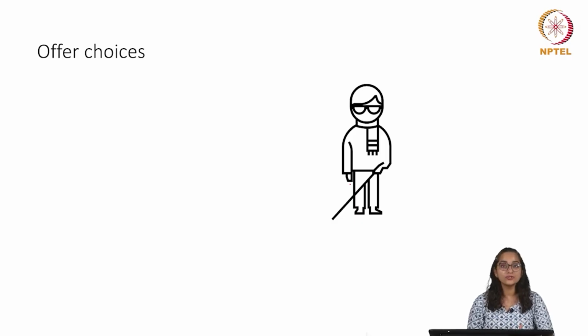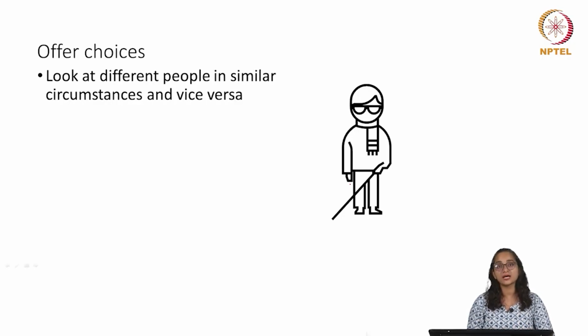First is offering choices, right? Choices not just in terms of the opportunities of products, the options in terms of colors or all of that, but also in terms of interaction, right? So how different people interact with the device in similar circumstances, or vice versa, how similar people interact in different circumstances.